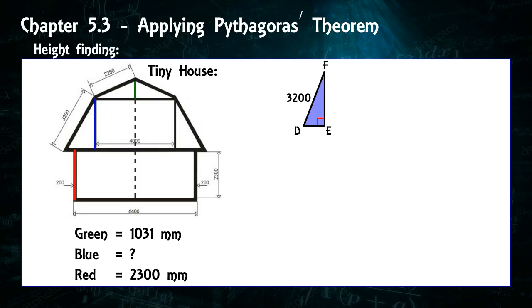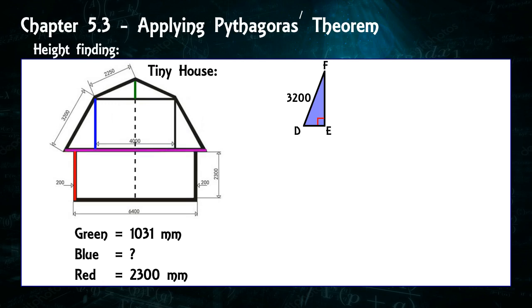Now onto this line. Of triangle DEF, we know that DF is equal to 3200 millimeters, and we want to know side EF. But the problem here is that we do not know the length of side DE. Luckily, we can figure it out by looking at all the horizontal lines.